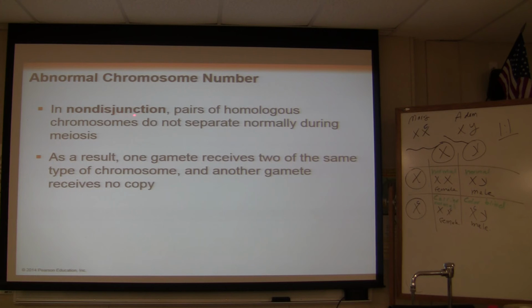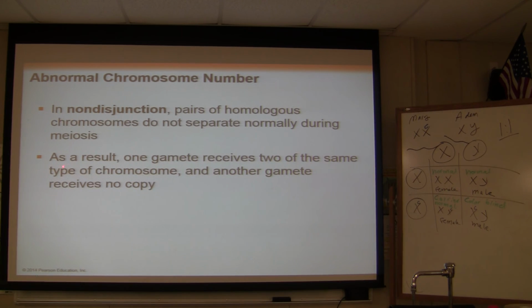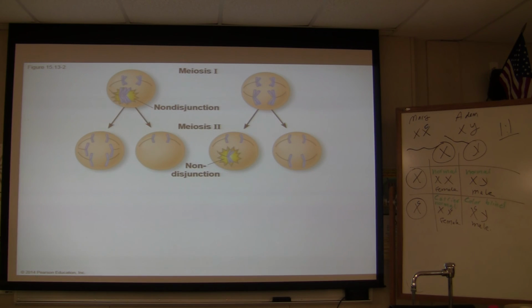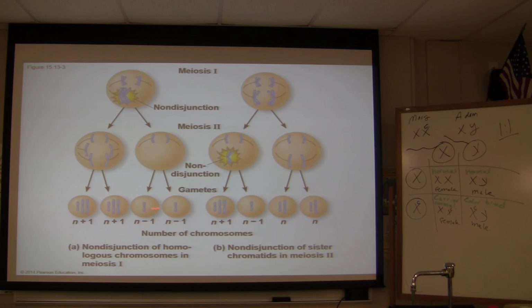It is non-disjunction. Pairs of homologous chromosomes do not separate normally during meiosis. As a result, one gamete receives two of the same type of chromosome, and another gamete receives no copy. Right here, so that is abnormal. Remember, I talked about this.